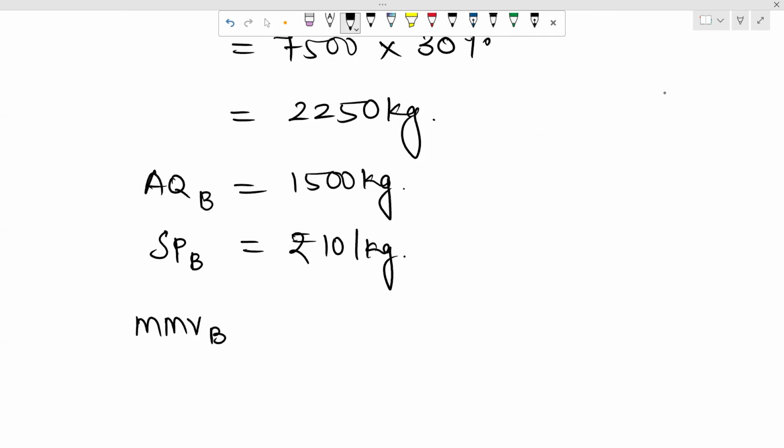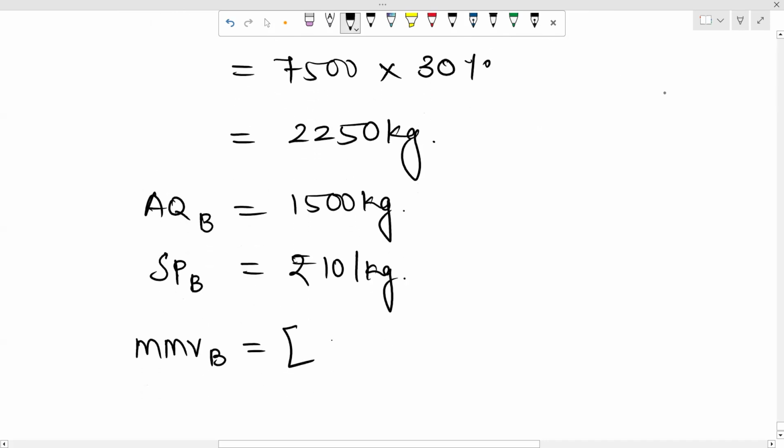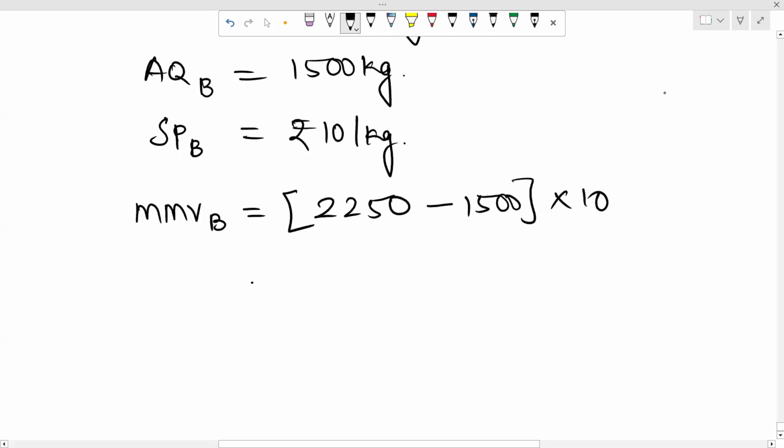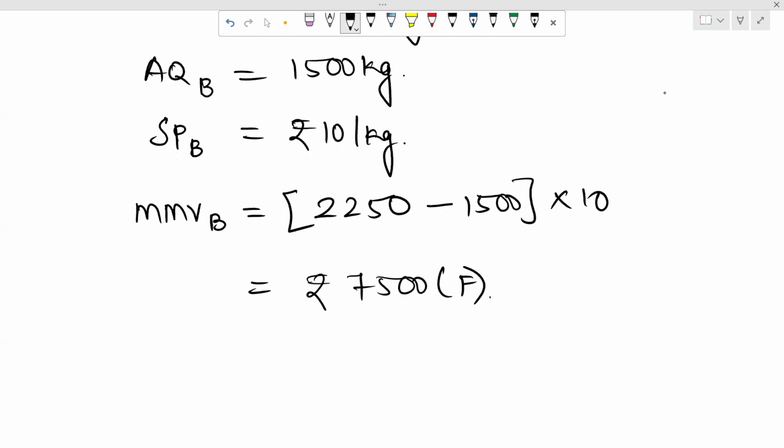Material mix variance of B is equal to revised standard quantity, 2,250, minus actual quantity, 1,500, into 10. So 2,250 minus 1,500, we get 750 into 10, we get rupees 7,500. It is a positive figure, so it is favorable.